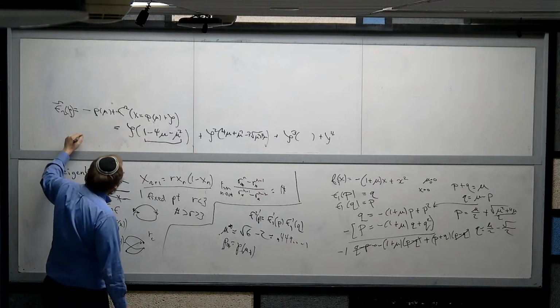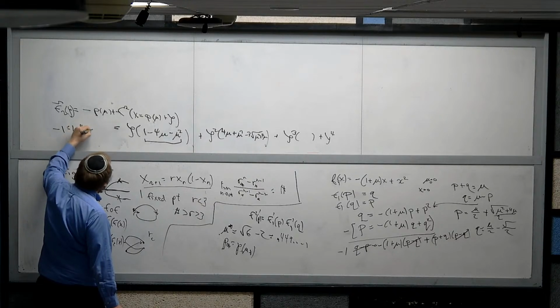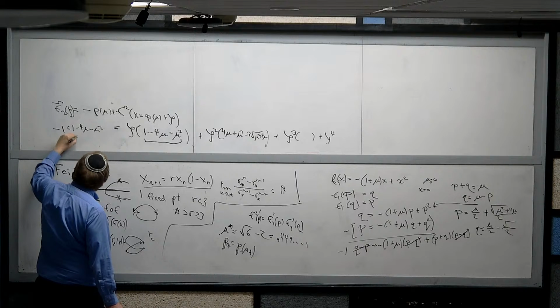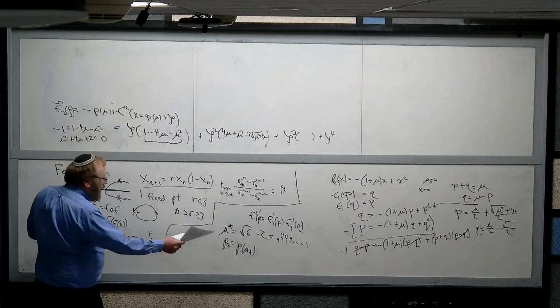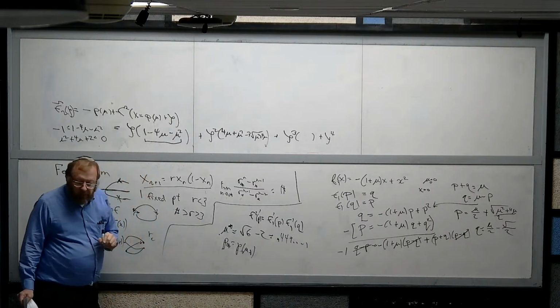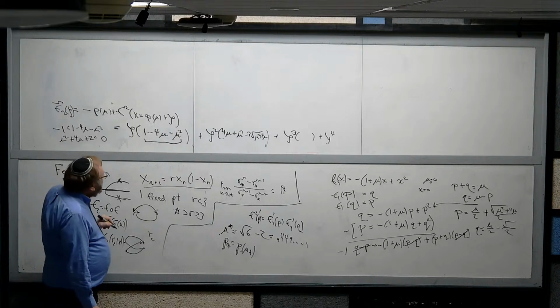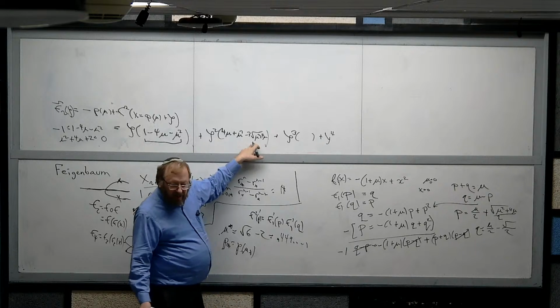If you say minus 1 equals 1 minus 4 mu minus mu squared, you get mu squared plus 4 mu plus 2 equals 0, which has a solution square root of 6 minus 2. That's where the mu star comes from.